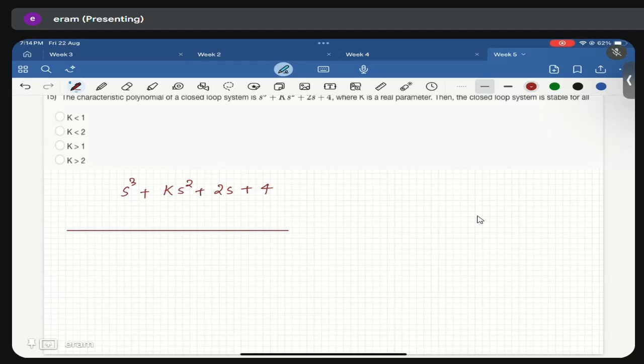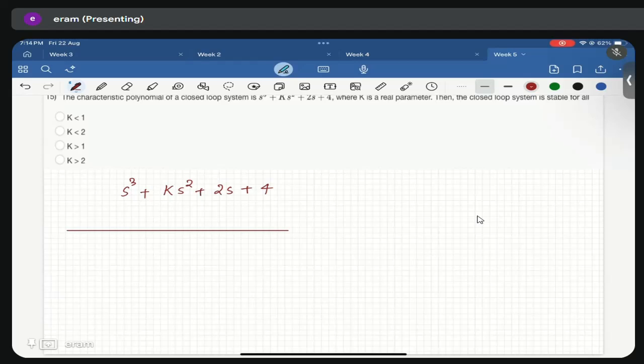We cannot use just the concept of coefficients non-zero and no sign change, because that is the necessary and sufficient condition for quadratic polynomials only.